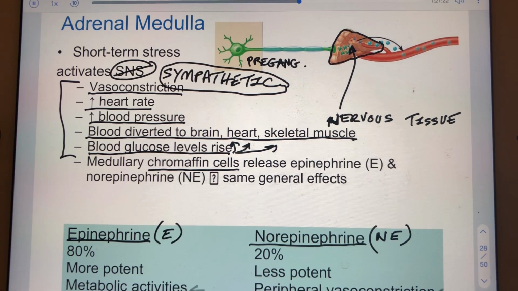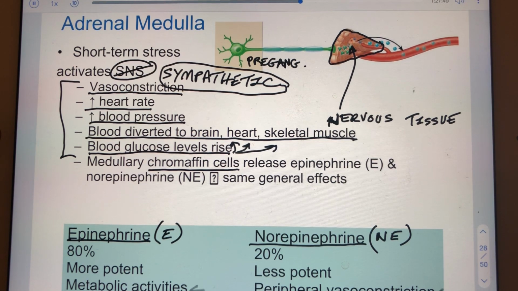By the way, these are water soluble, even though the slide doesn't indicate. In other words, the adrenal gland makes both lipid soluble and water soluble hormones. Where are the lipid soluble hormones made? In the cortex. Where are the water soluble hormones made? In the medulla. About 80% of the medullary products are epinephrine, and about 20% are norepinephrine.